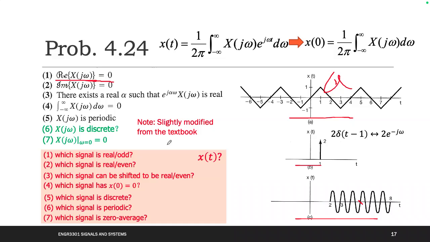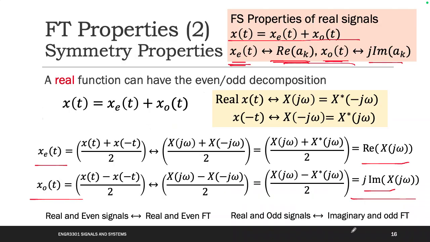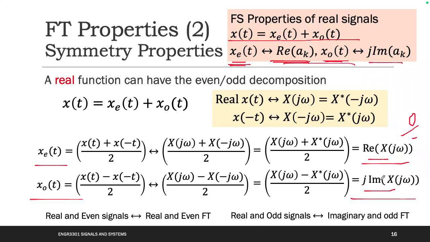Let me show you. This will be real 0, am I right? Which means there is no even part, which means this signal is odd. That makes sense to you? Similarly, if your imaginary part is 0, which means this one is 0, which means you don't have an odd part, which means your signal is even. That makes sense to you?